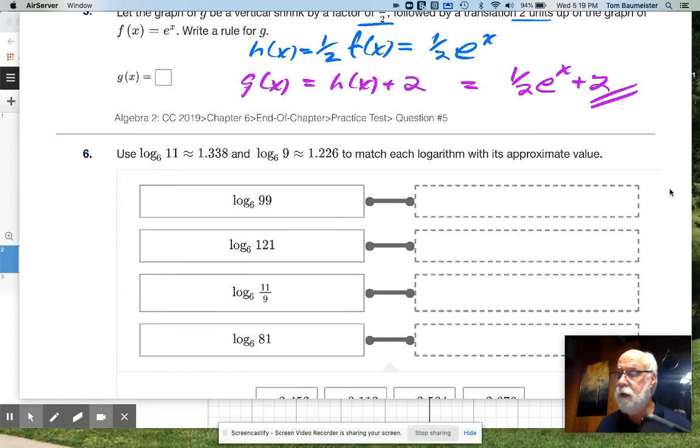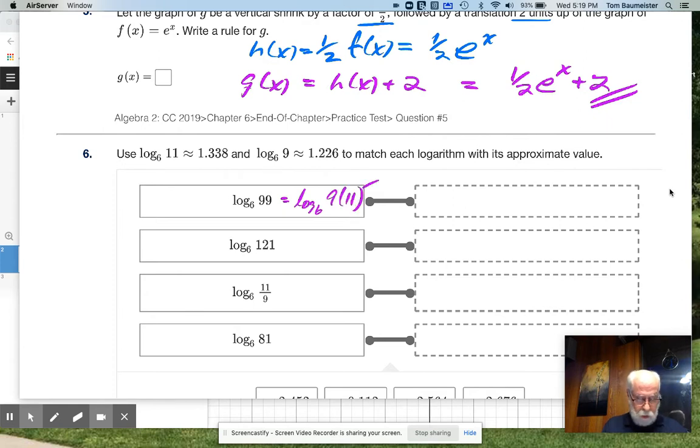On number 6 here, again, remember, they're trying to get you to remember your log rules. On this one here, we could write this as log to the base 6 of 9 times 11, right?